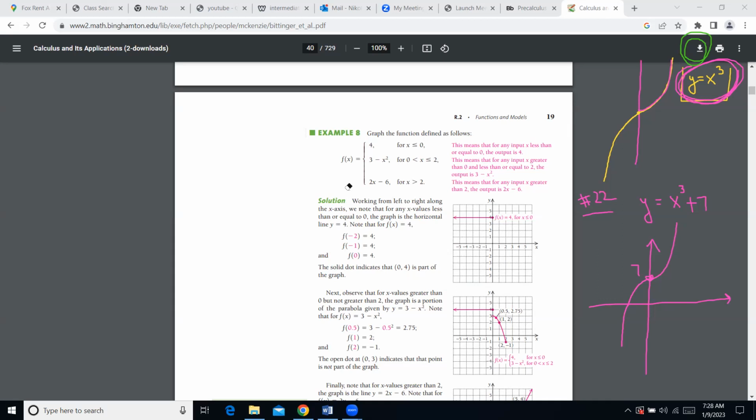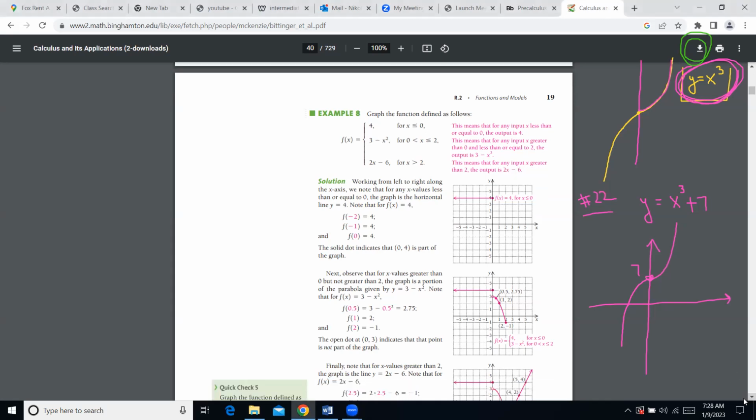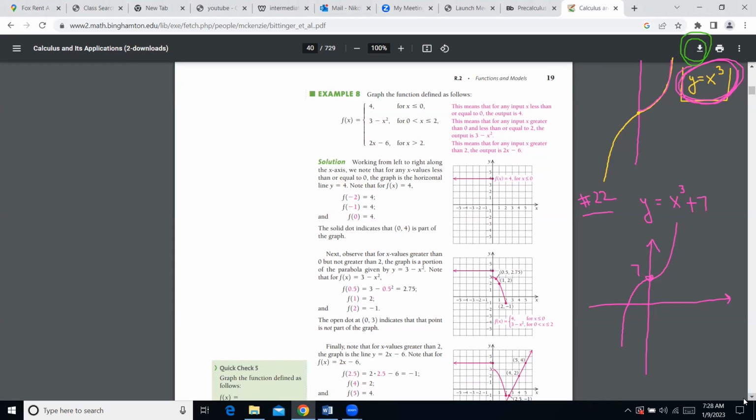What happens here in the next example? I just want to look at the pictures they provided us with because I think they made very nice looking pictures. The next example is dealing with something a bit unusual. They're talking about a so-called piecewisely defined function.